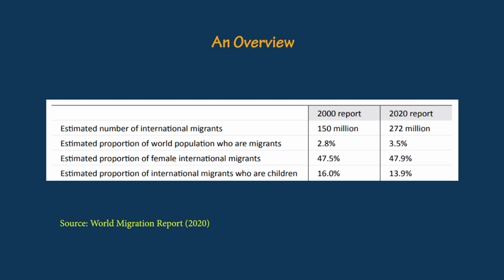Initially, there were 150 million migrants globally. In 2020, we have about 272 million migrants globally. So these are the estimated numbers of international migrants. What you also see here is that the estimated proportion of the world population who are migrants has also increased. What has not changed much is the estimated proportion of female international migrants.